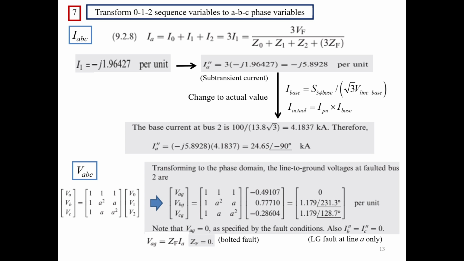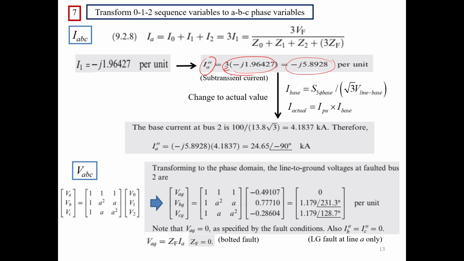The subtransient fault current is 3 times I1, or I0 or I2, because all three sequence currents are the same. So 3 times I1 becomes negative j5.8928 in per unit.